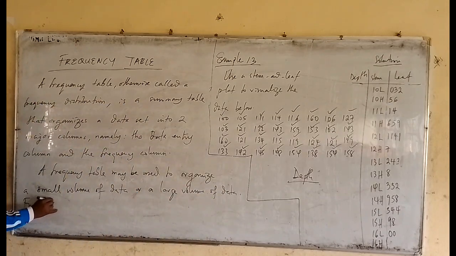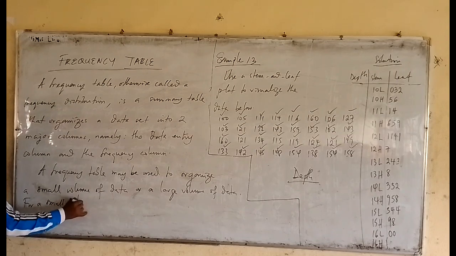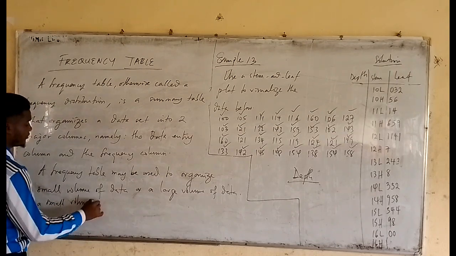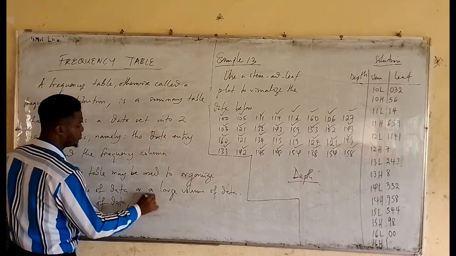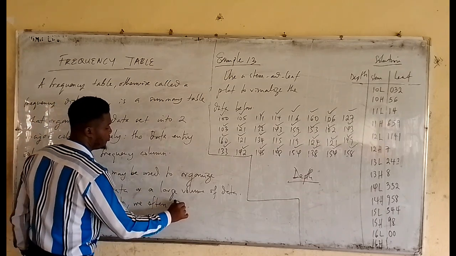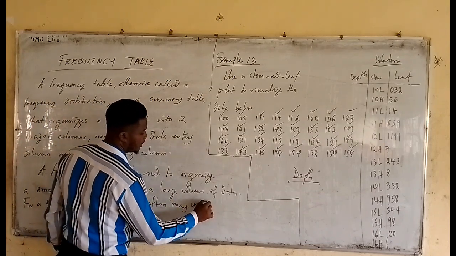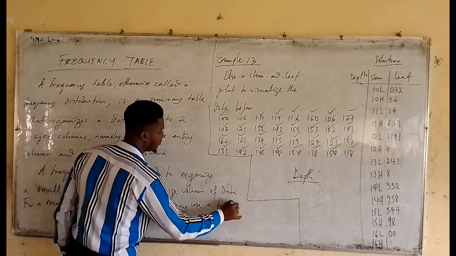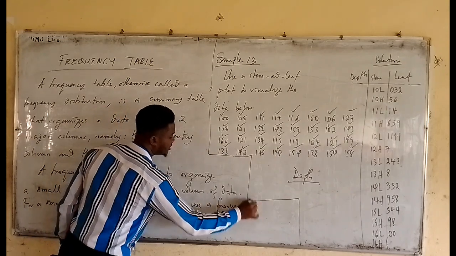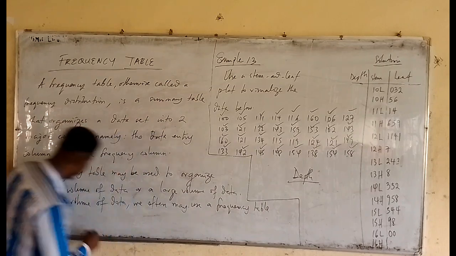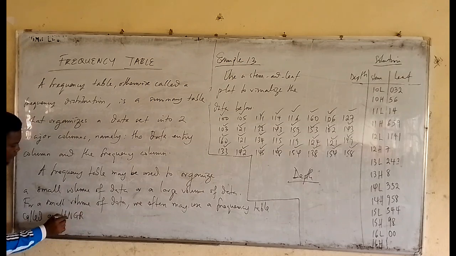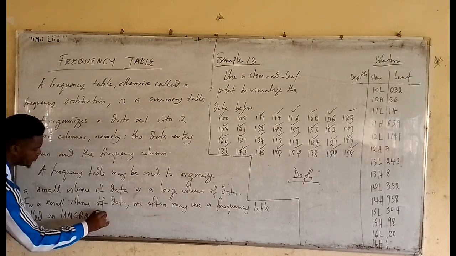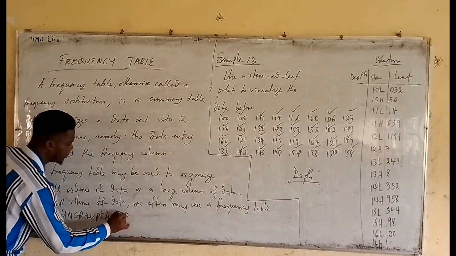For a small volume of data, we often may use a frequency table called an ungrouped frequency table.